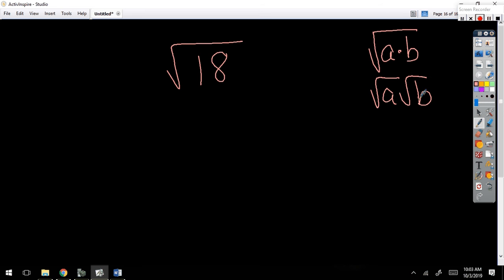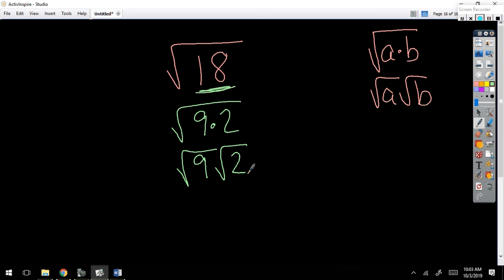So I look at what's under the radical and ask, is there a perfect square that 18 is divisible by? I want the biggest perfect square, 9, because 9 times 2 is the same thing as 18. So I can break that up as the square root of 9 and the square root of 2 by this property.